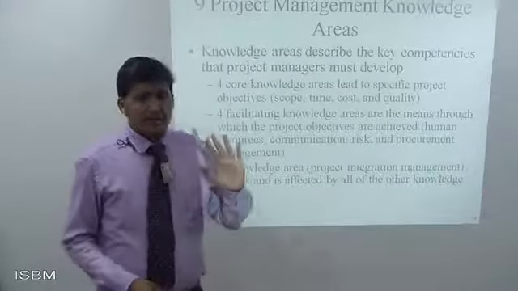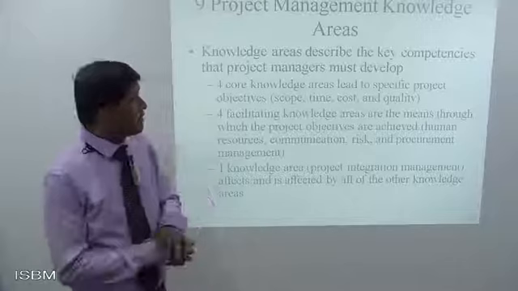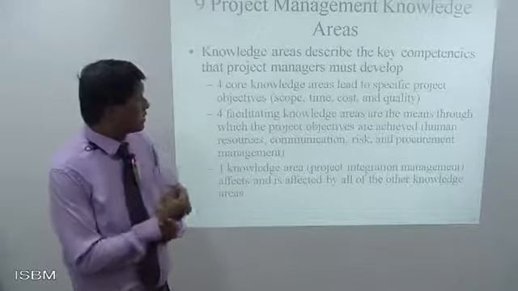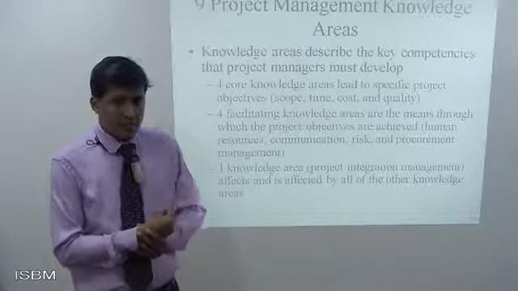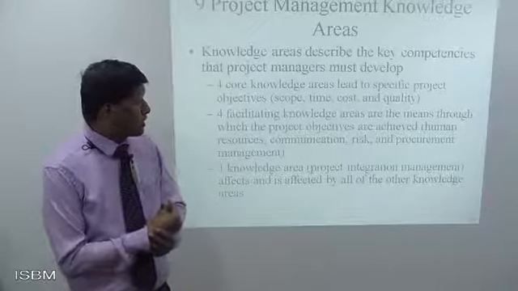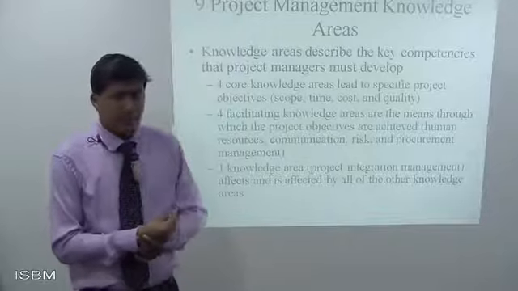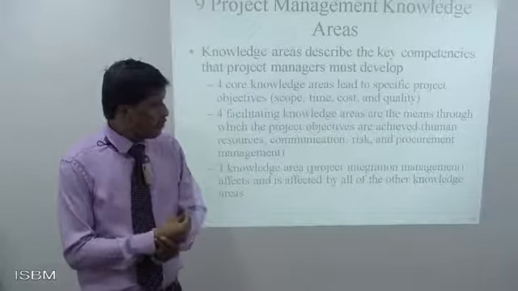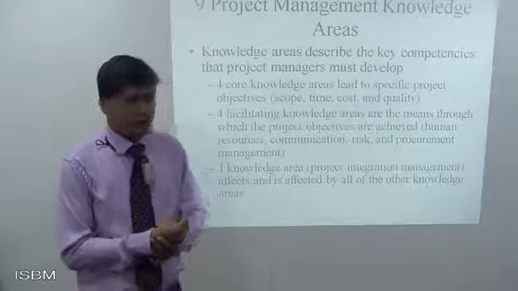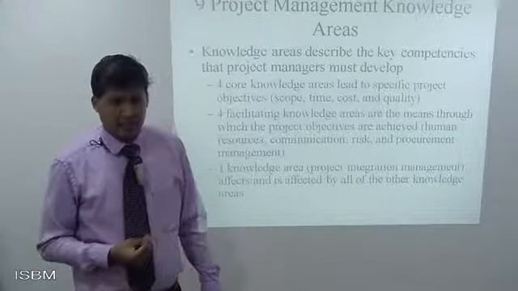So there are 9 different management knowledge areas, and those are: first, 4 core knowledge areas related to specific project activities, that is scope, time, cost and quality. These are the 4 core project knowledge areas.